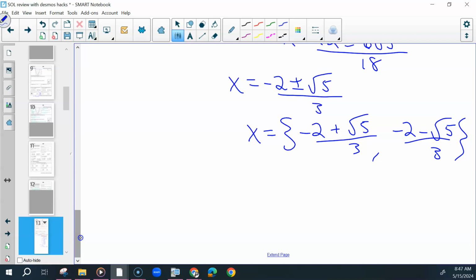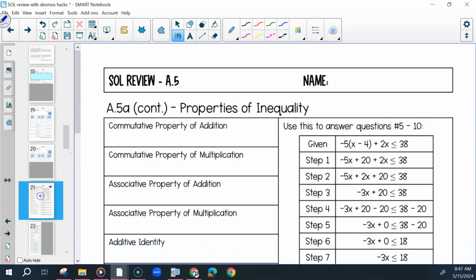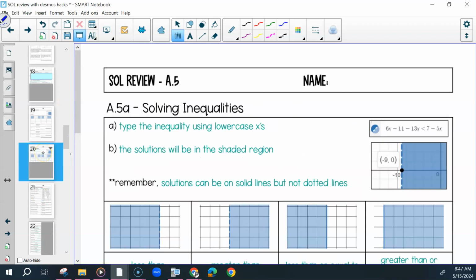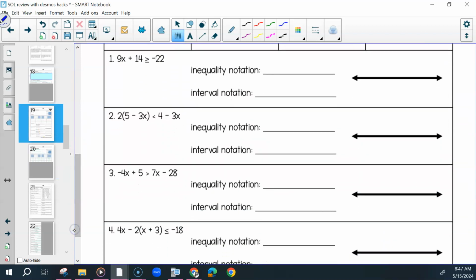So 8.5a, number 2. I'm going to put the original into Desmos. All of your inequalities and equations can be solved in Desmos. So go ahead and type that in.